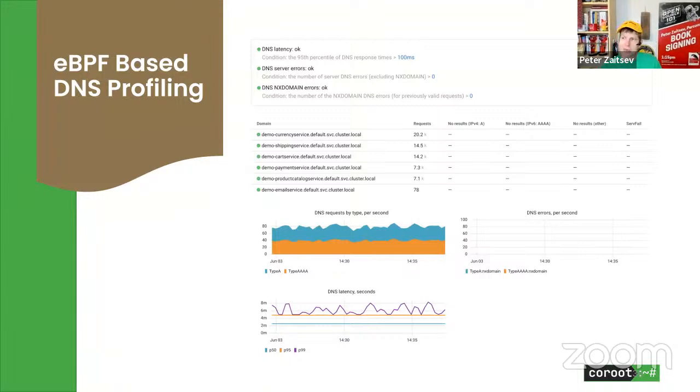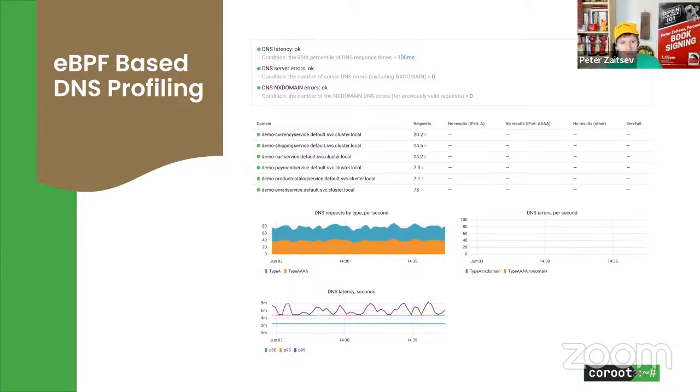Another very cool thing we have with Coroot and eBPF is DNS profiling. That allows us to understand the DNS latency, DNS errors, and so on and so forth. And this matters quite often because in the majority of your services, you do have a DNS lookup before the actual service request.